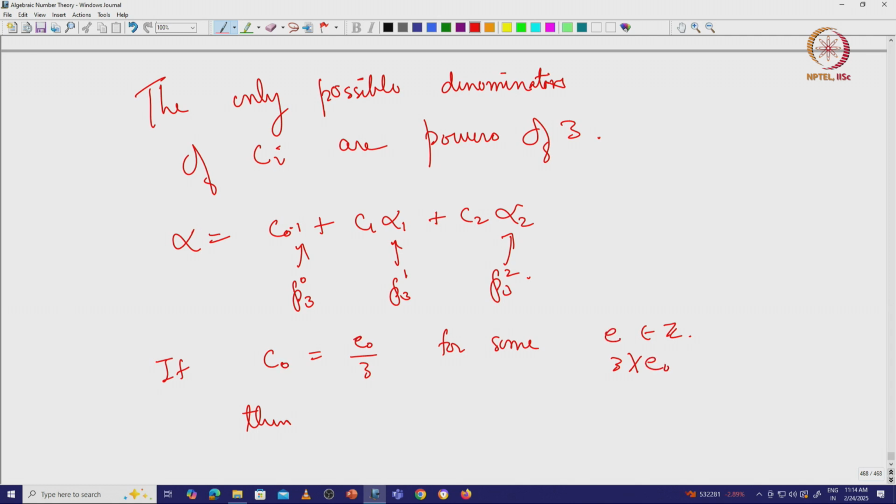Then alpha is 1 by 3 E0 plus 3 C1 alpha 1 plus 3 C2 alpha 2, right.